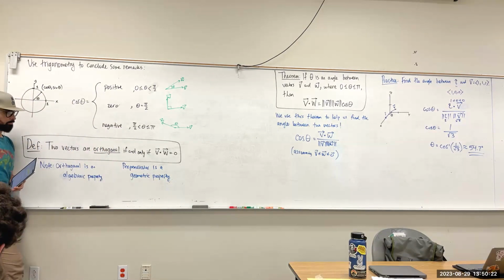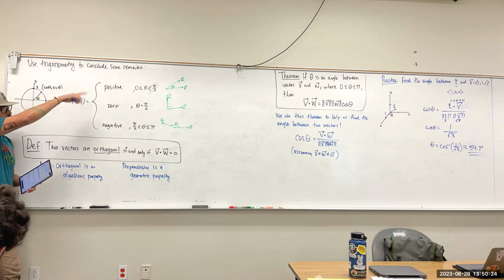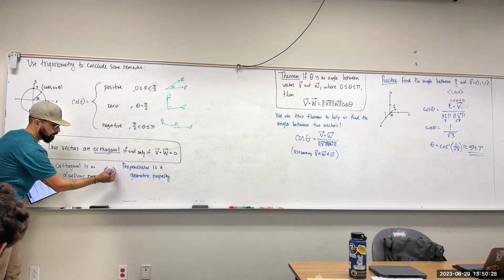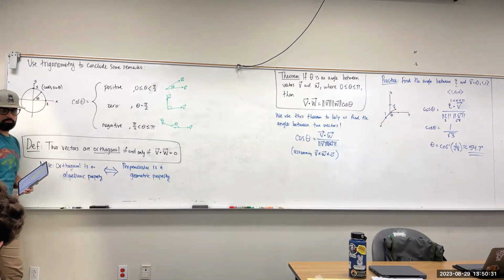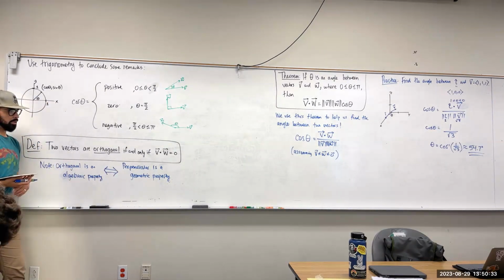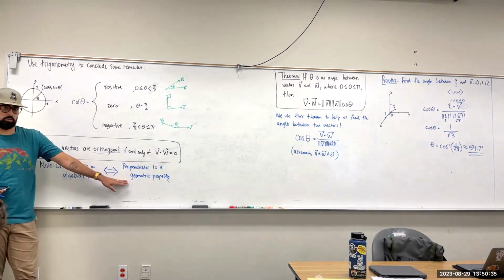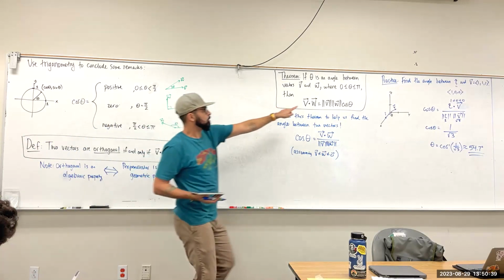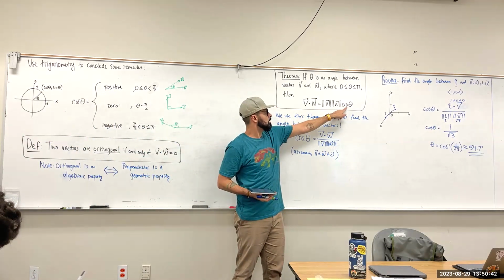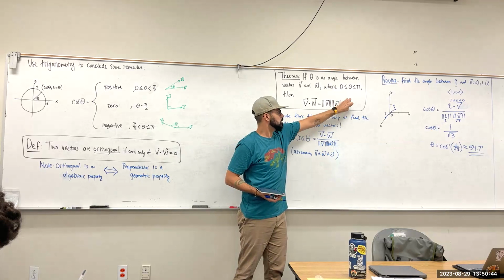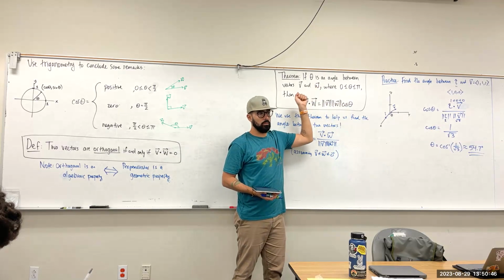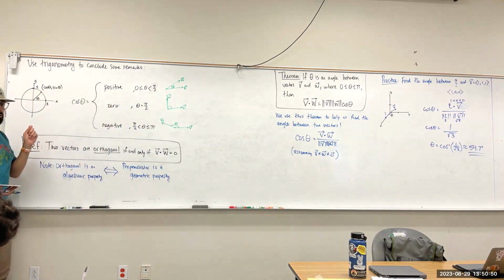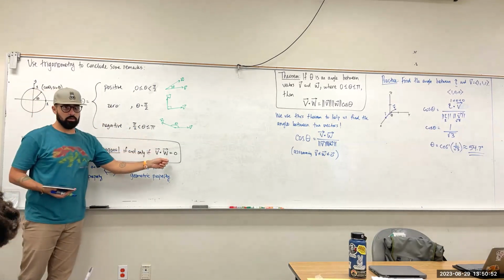Is a geometric property. So from what we discussed, we're noticing that one must happen and the other one must happen too. Meaning if two vectors are perpendicular to each other, then their angle is 90 degrees. So when I compute using this theorem, cosine of 90 degrees is 0, and therefore the dot product has to be 0. If the vectors are orthogonal, then the dot product is 0.